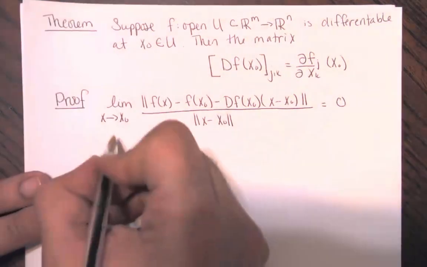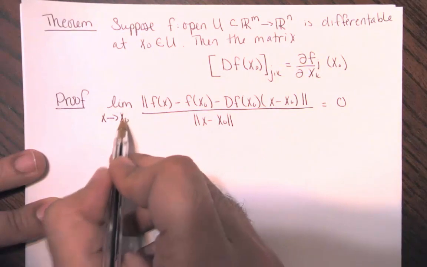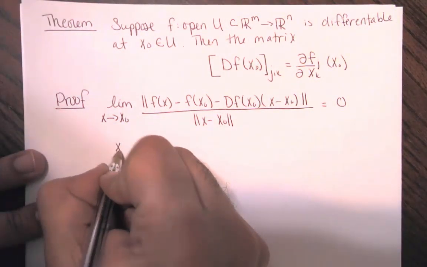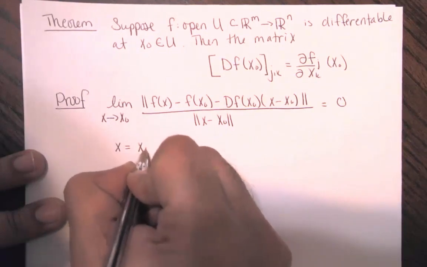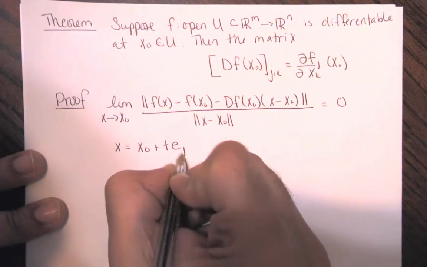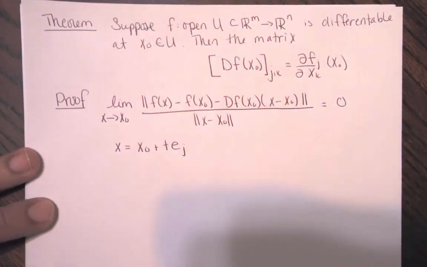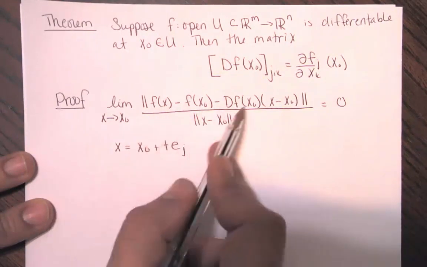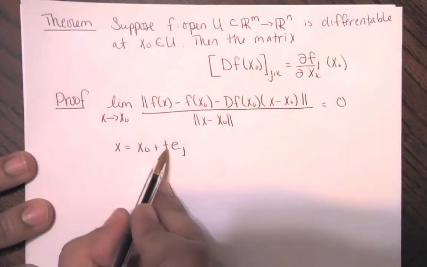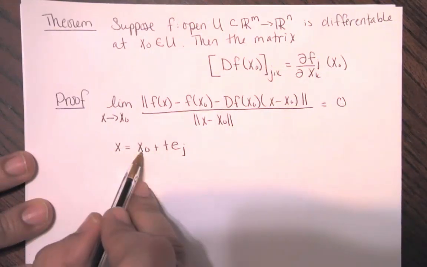Now, x is arbitrary, it just has to converge to x naught, so let's let x equal x naught plus t times ej. Then I can replace these x's with this representation and take the limit as t goes to 0, because as t goes to 0, x approaches x naught.